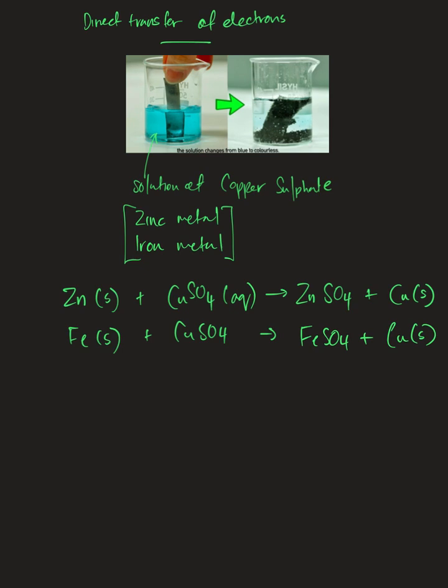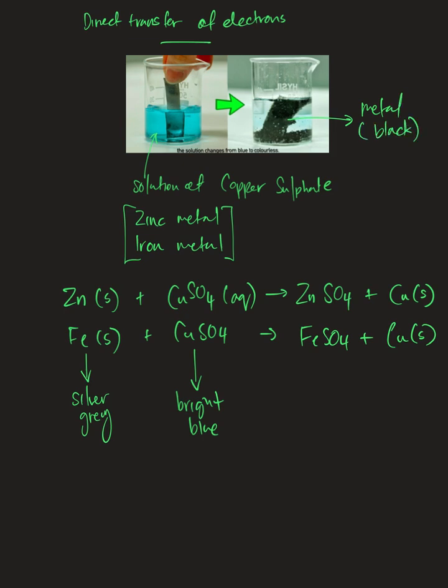Right, so initially when this whole thing starts, these metals will be a silver gray, right? This copper sulfate would be a bright blue, right? However, at the end of this reaction, as you can see in this image here above, what I end up with here, you can see the color is black. So the metal is not silver gray anymore, it's black.